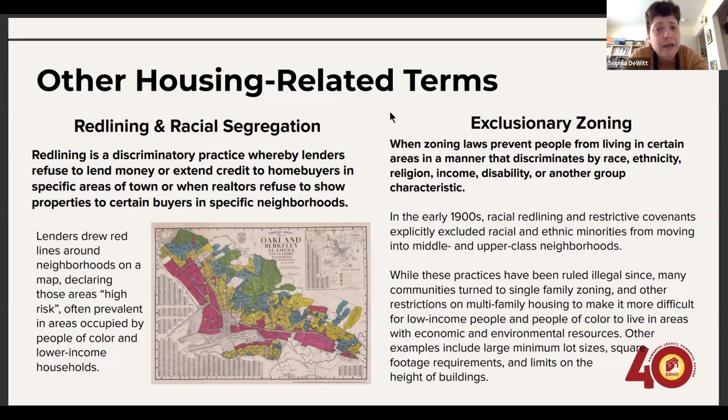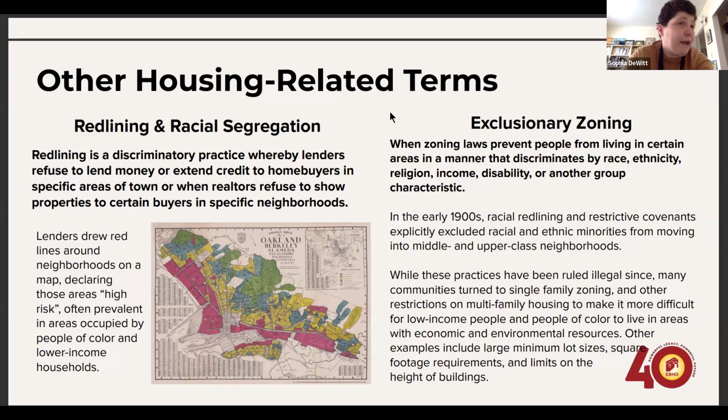Those laws have been invalidated since the 60s, but the harms from them continue and still affect the way our neighborhoods look.